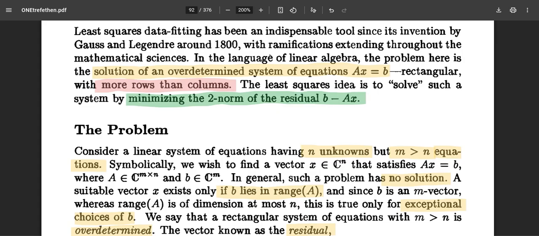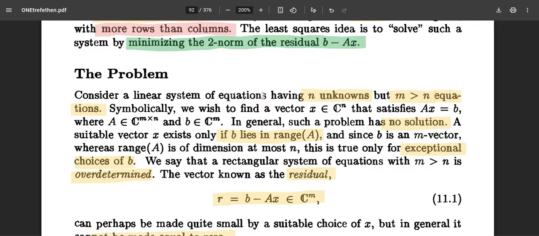If b doesn't lie in the space of A, then Ax minus b is a residual vector, which normally should be a zero vector, but in this case it won't be. So it doesn't lie in the column space of A. That is the reason we don't have a zero residual vector Ax minus b.